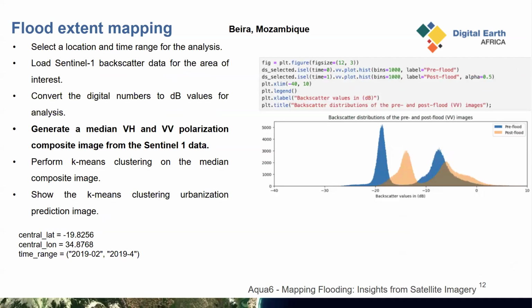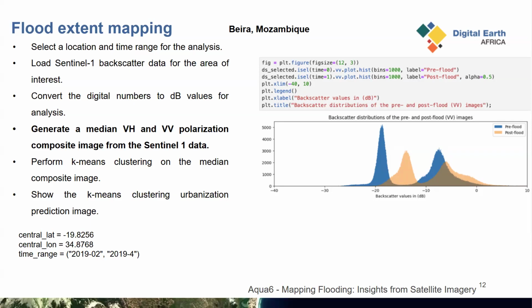So during this generation of a median, we also had to do our threshold determination, allowing us to benchmark what value we're going to use to separate water from non-water.